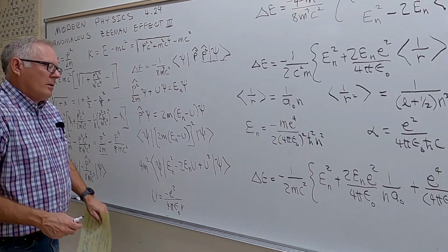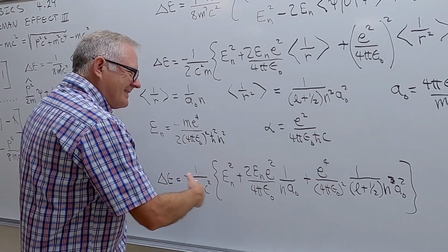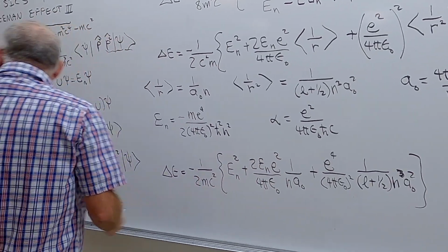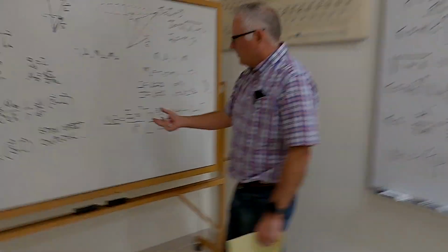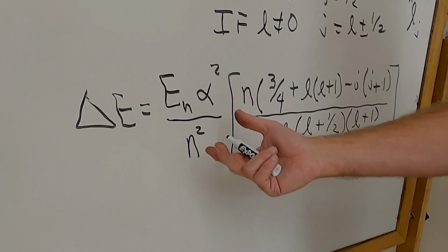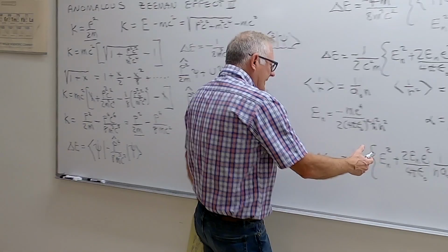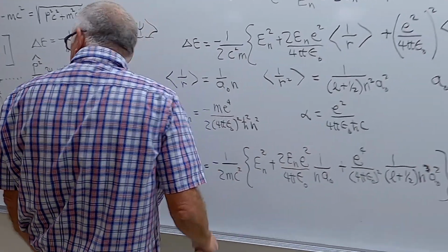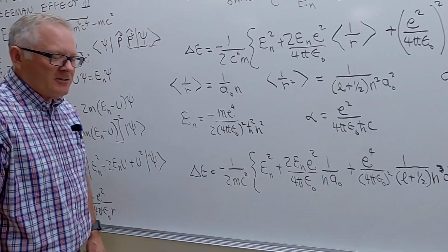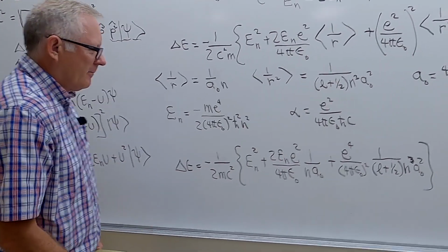Okay, so now I just want to simplify this so that it looks similar to this right here. So what I'd like to do is, out of each of these terms, pull out an E sub n alpha squared over an n squared. That way I'm comparing them a little easier.